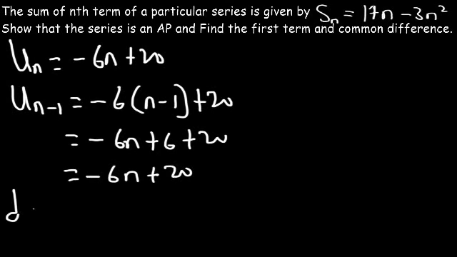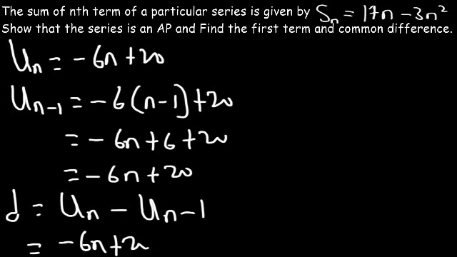Now I notice that the common difference is equal to U sub n minus U sub n minus 1. So therefore this becomes negative 6n plus 20, minus, in brackets, negative 6n plus 26. Okay, so this is 26. Don't confuse it with 20.